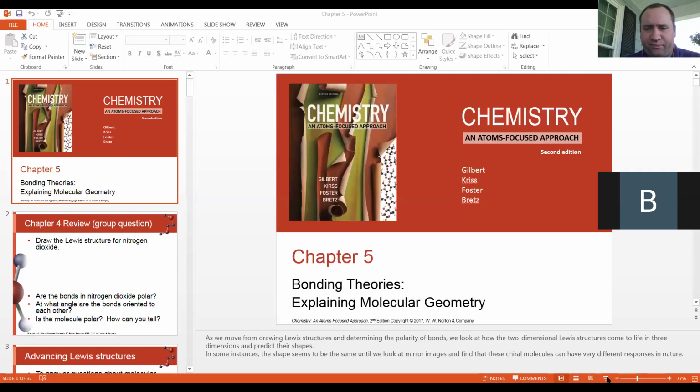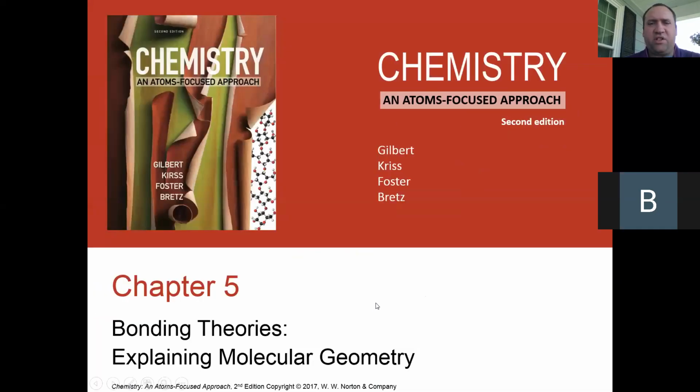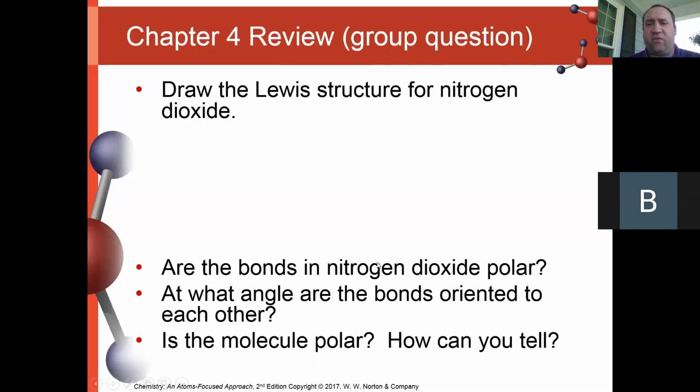So with regard to chapter 5, it's usually customary for us to start by looking back at chapter 4. Let's take a moment. I'll give you a couple minutes. Let's draw the Lewis structure for nitrogen dioxide. Go ahead and draw that out.